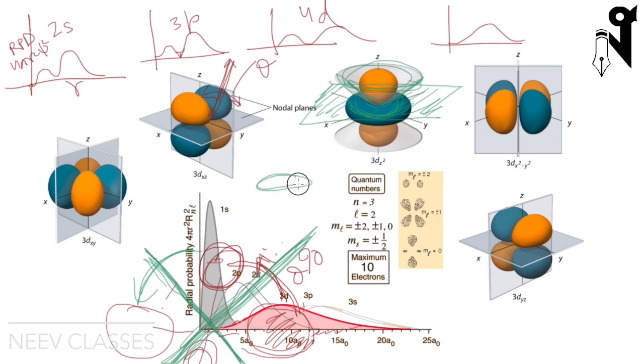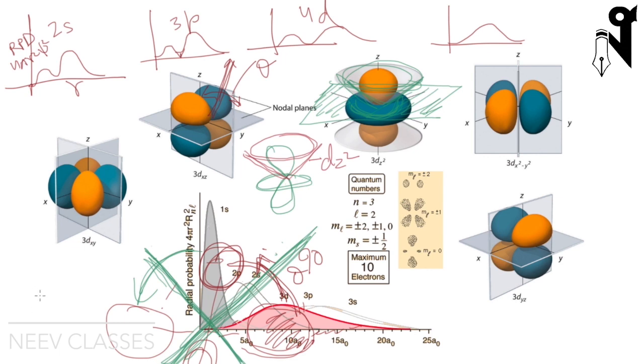That was your ring, that was your dumbbell, and in this different color I'll draw the in-between thing. That in-between thing has no probability, and it comes as a cone around it. Okay, so that's the nodal plane for the dz square.